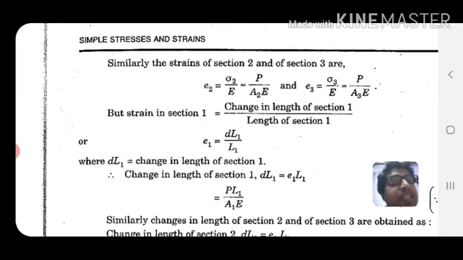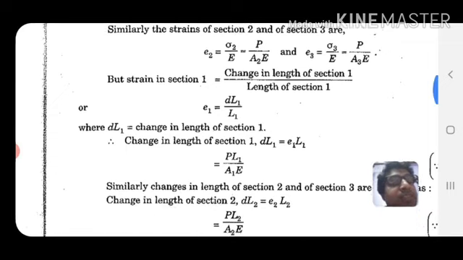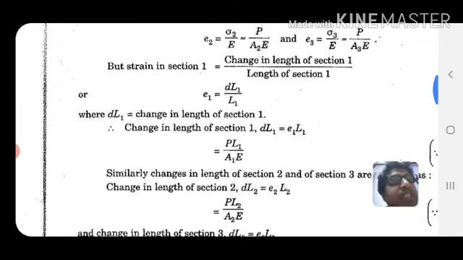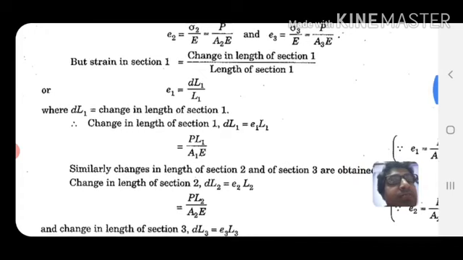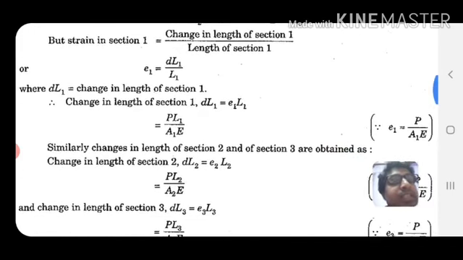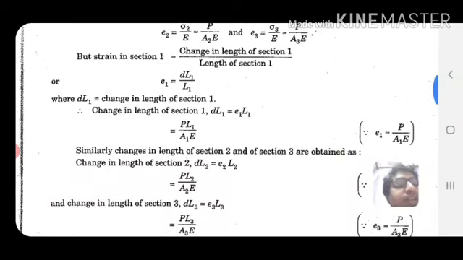But strain in section 1 is the change in length of section 1 divided by length of section 1. So epsilon 1 is equal to dL1 by L1, where dL1 is the change in length of section 1, that is equal to epsilon 1 times L1.